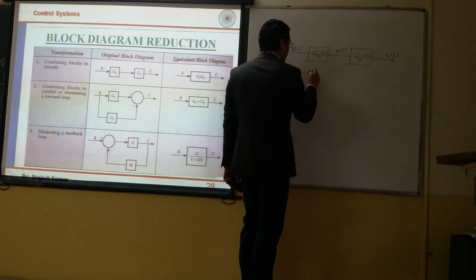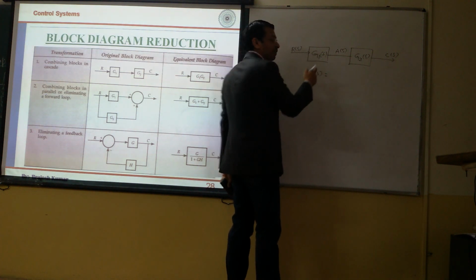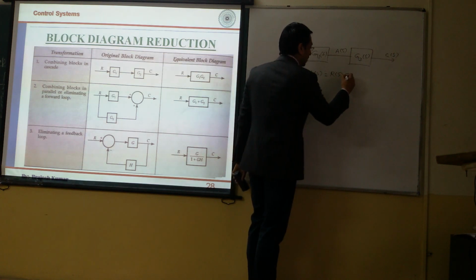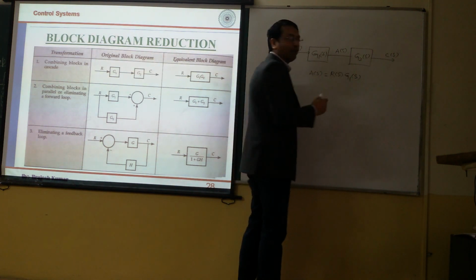So A(s) will be equal to what? You know that the input multiplied by the transfer function, so A(s) is equal to R(s) multiplied by G1, and then this A(s) will act as an input for G2.